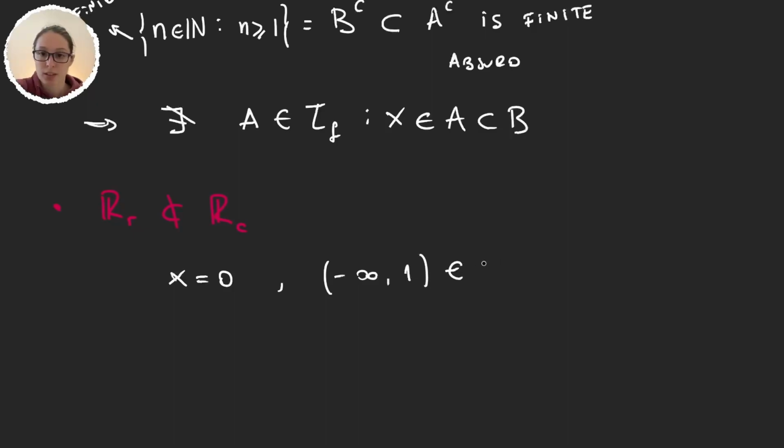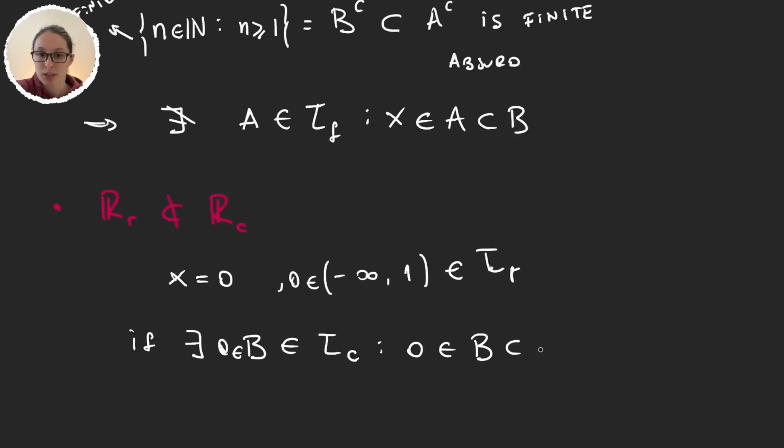This is then in tau r, and obviously a neighborhood of 0. But again, if there exists B in the countable complement topology that contains 0, and such that 0 is an element of P subset of (minus infinity, 1), then, like we said before, we would have (minus infinity, 1) complement subset of P complement.